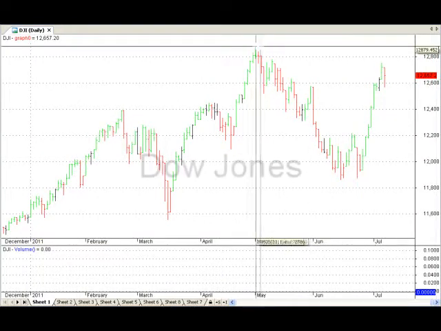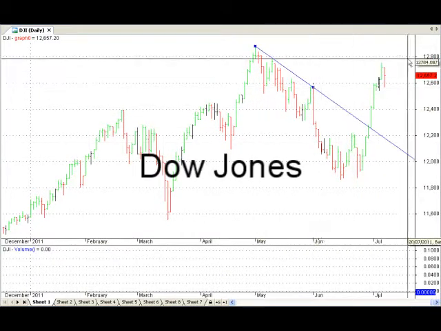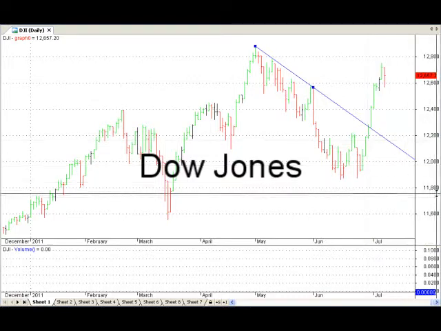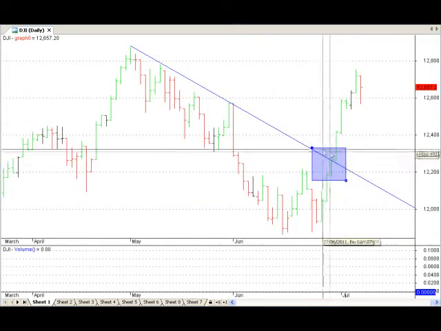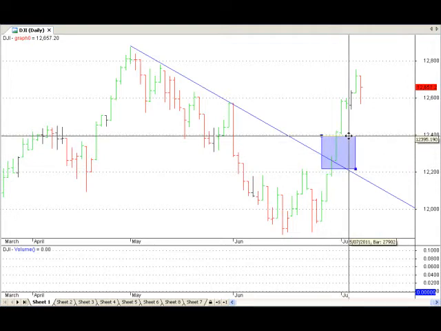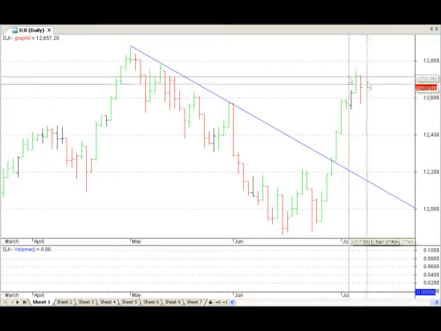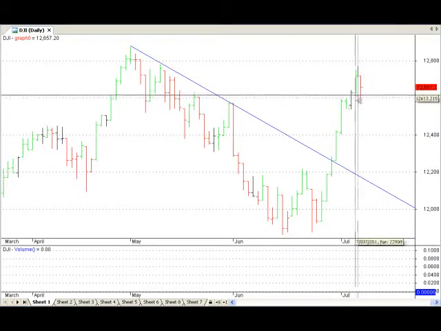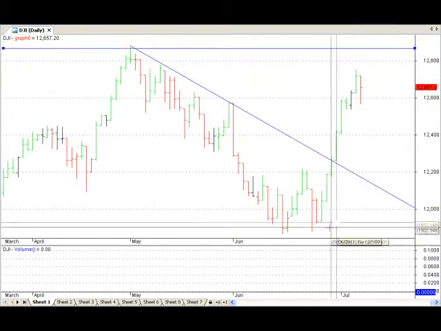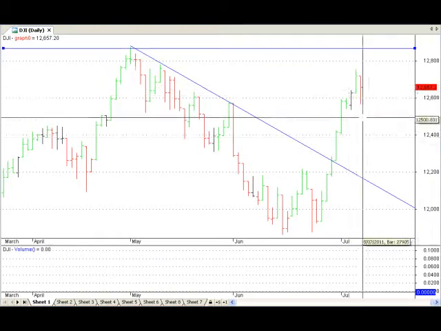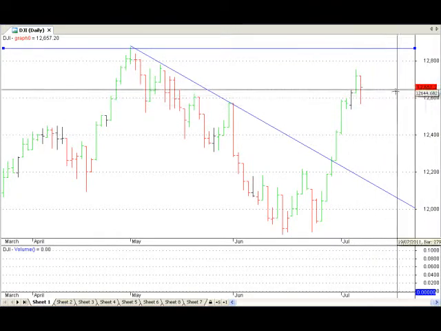On the Dow Jones, we had a short-term up move. Yes, that was beautiful over a couple of days. As you can see, it crossed the trend line. Not rocket science. We called it around about here approximately. Now we had some bad news on Friday, but the market recovered very well. What we've got is resistance up the top here, but we haven't really got a higher trough to get a solid uptrend yet.